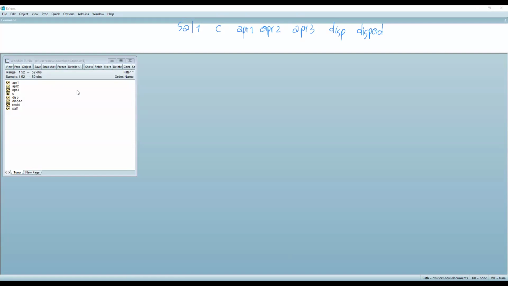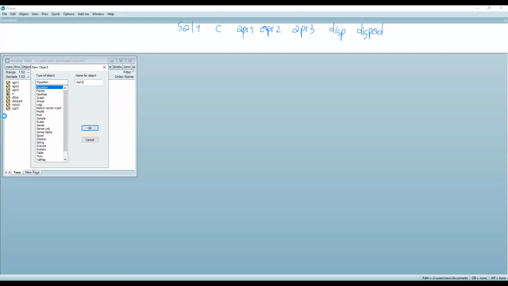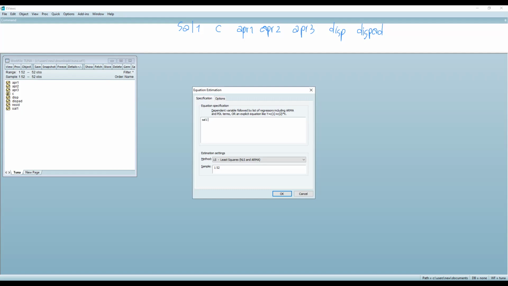New object, EQ01, sales depends on constant, depends on the price, display and display advertisement. Click OK.